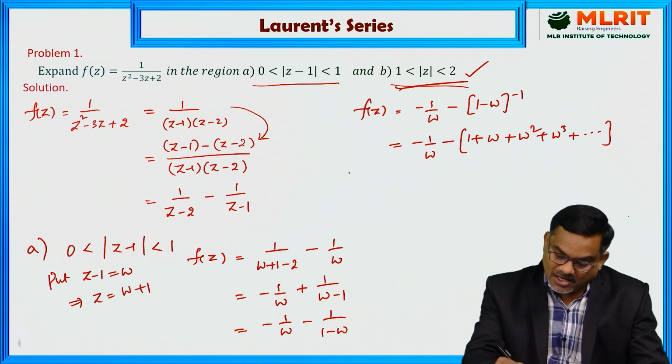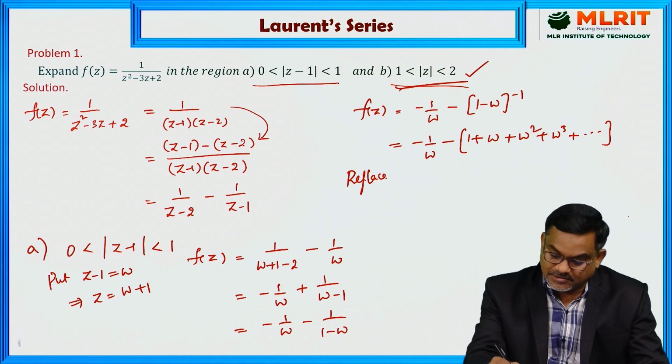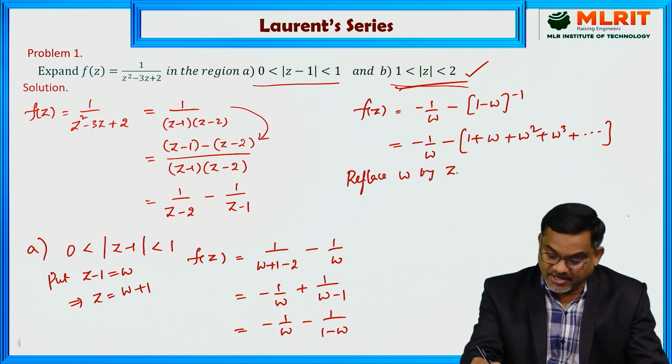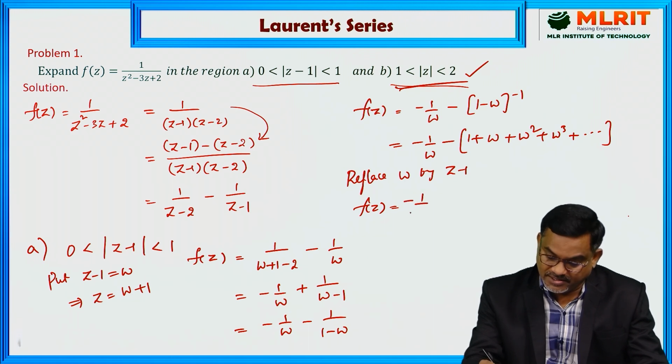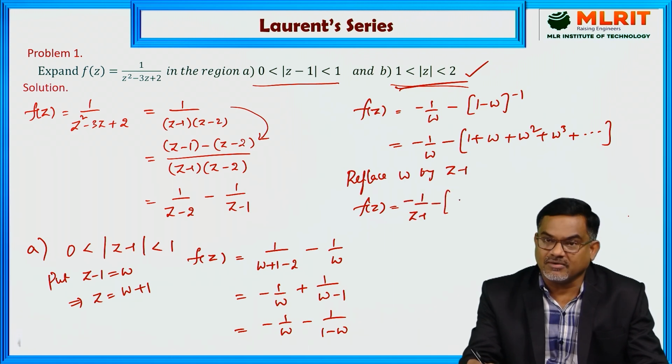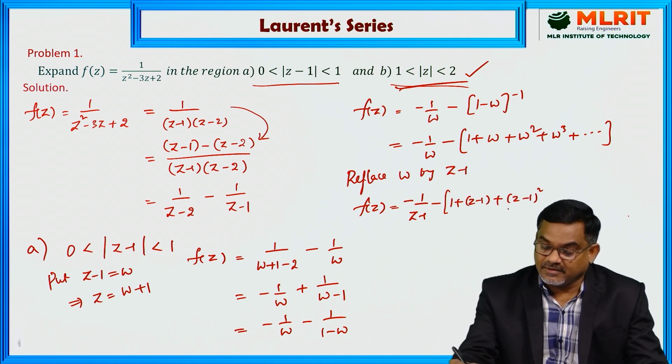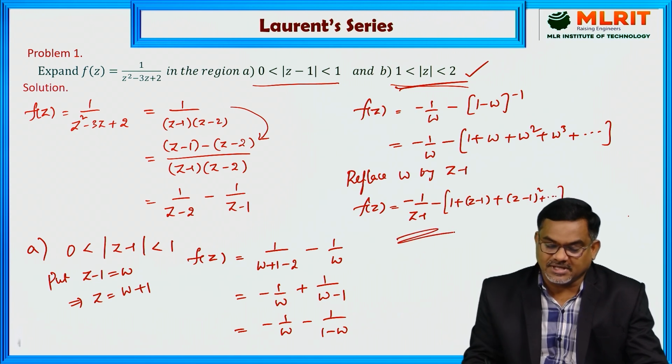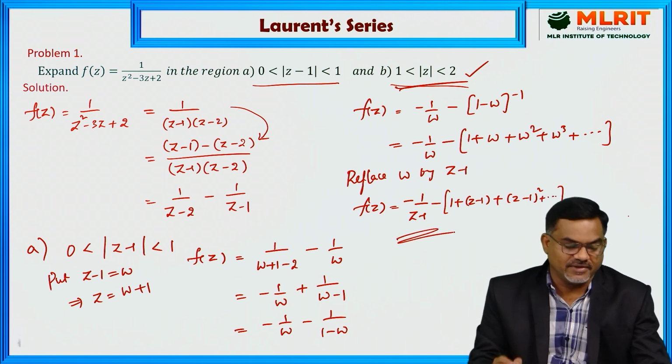Then replace this w by z minus 1. Then f of z becomes minus 1 by (z minus 1) minus of [1 plus (z minus 1) plus (z minus 1) whole square plus so on]. So, this is the expansion which is valid in the given region.